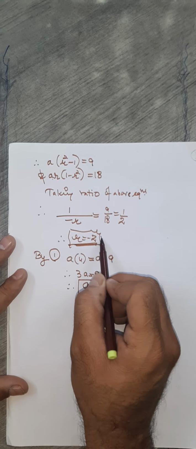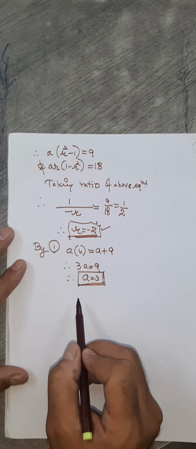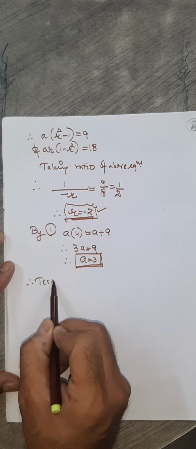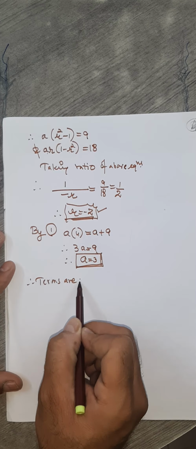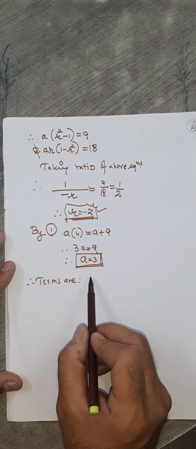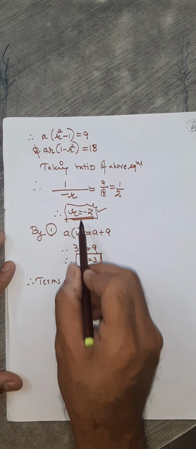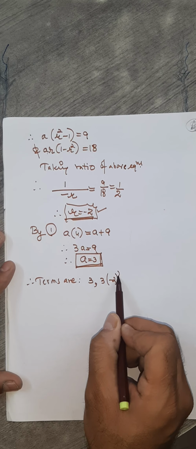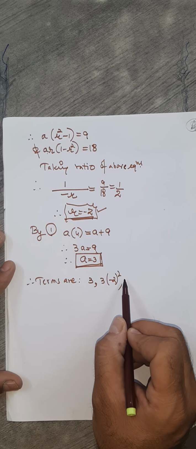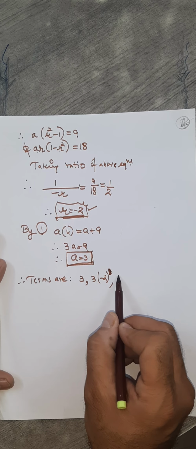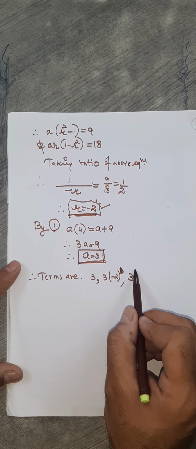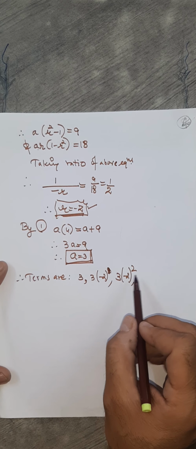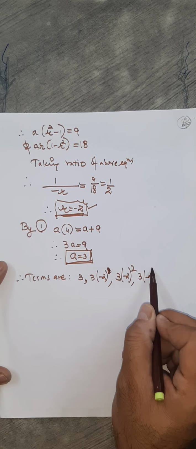Okay. So R is this, A is this. Now therefore terms are, where we are putting A, that is 3. Then AR, 3 into minus 2; then AR squared, that is 3 into minus 2 whole square; and then AR cube, that is 3 into minus 2 the whole cube.